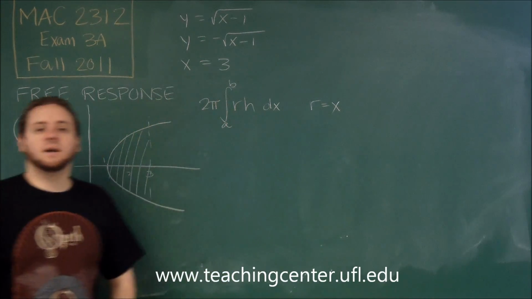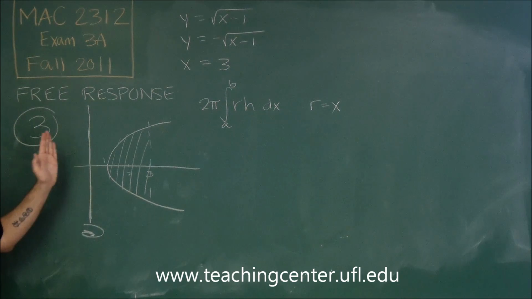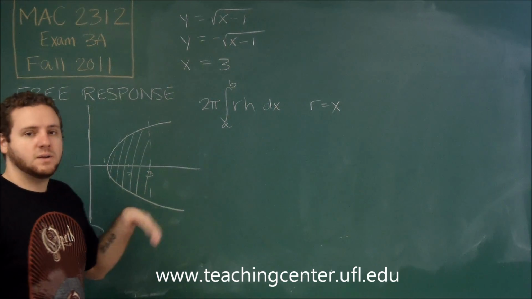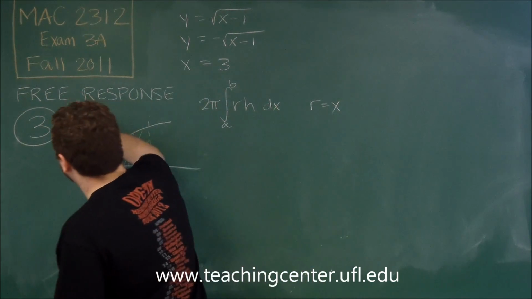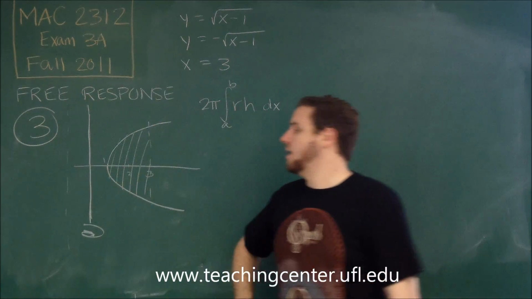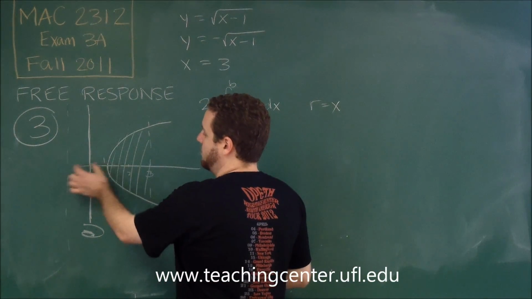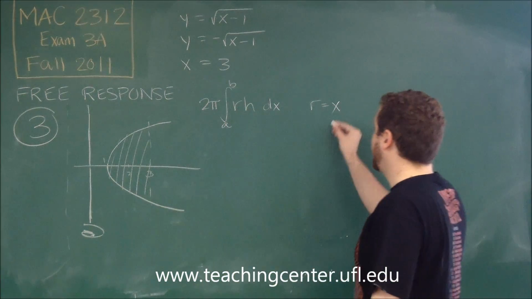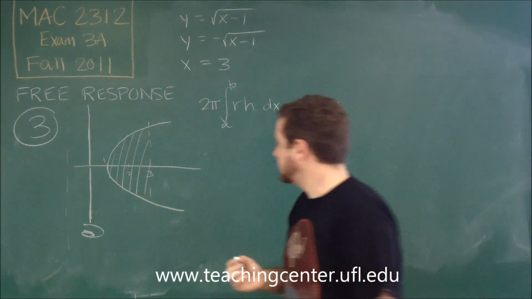The only time your radius is not going to be x is if you're rotating around some vertical line that's not the y-axis. For example, if we were rotating about x equals -1, then our radius for each point would be the x coordinate plus 1. So you would have to have x plus 1 for r if that were the case. But in this case, we can just say r equals x.